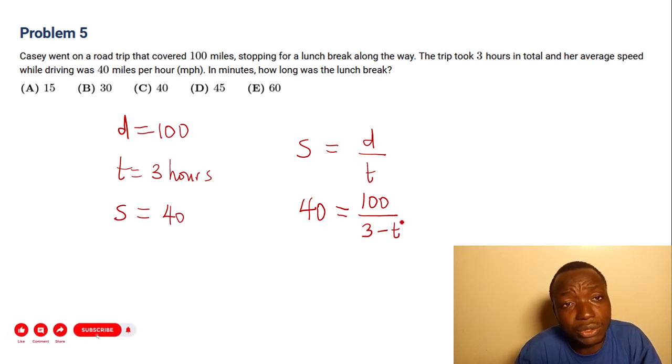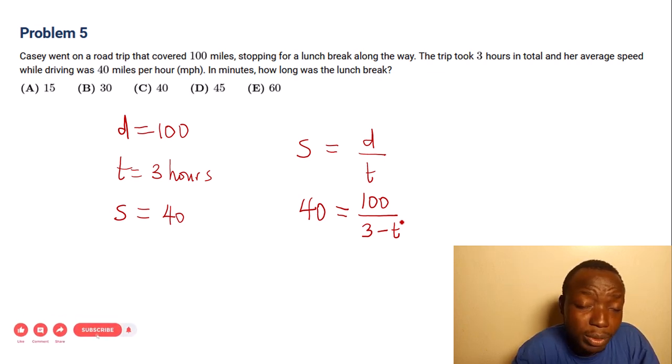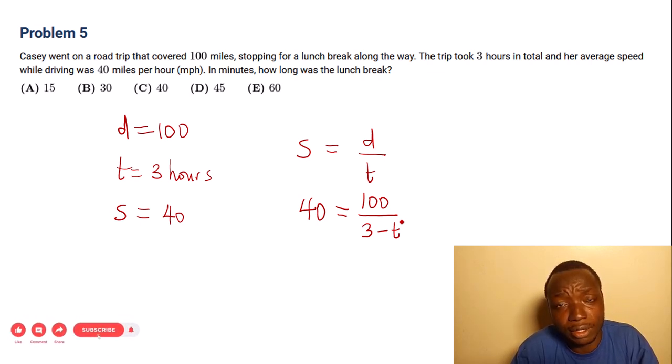Let's say the time she used to take her lunch is t minutes or t hours, whatever it is, right? But in this case, we're expressing in hours, all right? So let's deduct that from the total time for the trip, which was 3 hours, all right? So based on this, we will calculate the time she used to have her lunch, right?